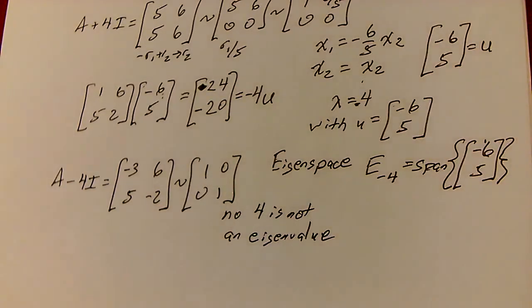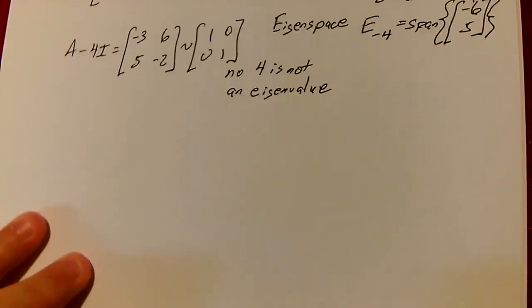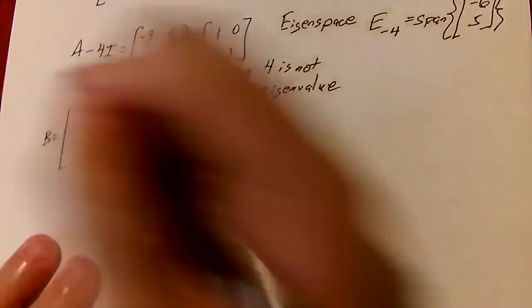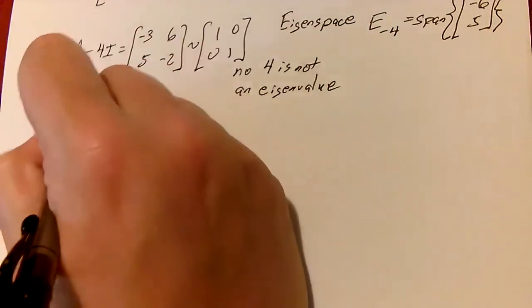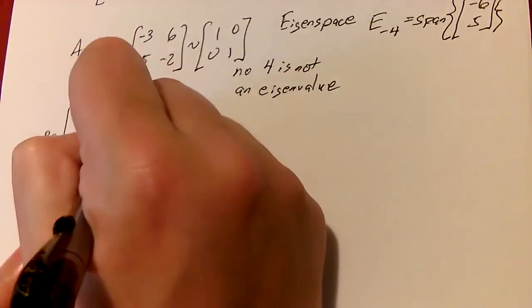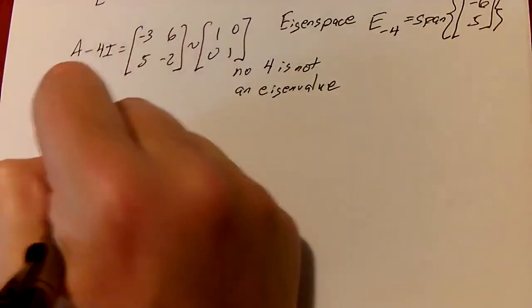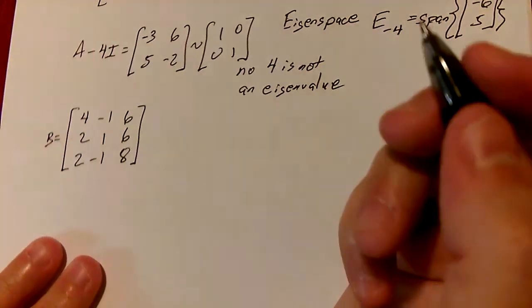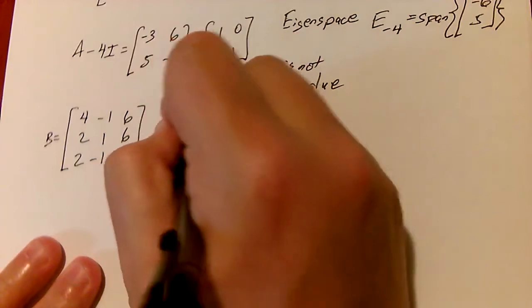All right, so let's expand to a 3 by 3 matrix. I've got a 3 by 3 matrix here. We'll call it B. B is 4, negative 1, 6, 2, 1, 6, and 2, negative 1, 8 for the third row. And so the question is, what about lambda equals 2?